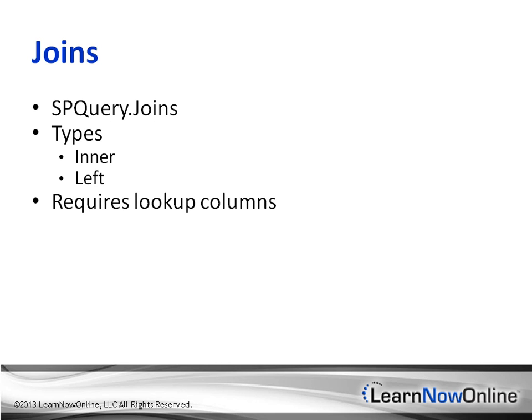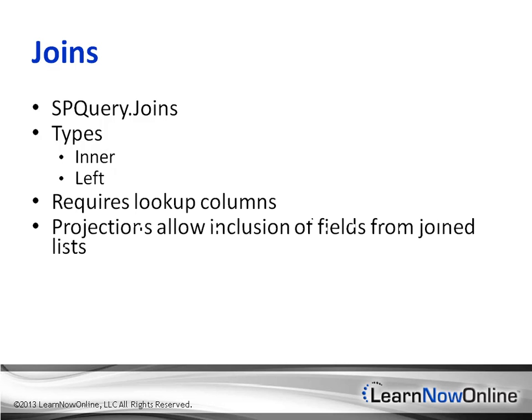To do a join with a CAML query, it does require that the field that you're joining on be connected with a lookup column. So in our case, we have the products list, and the vendor column is a lookup column going to the vendors list.